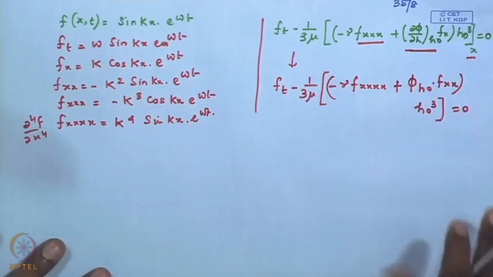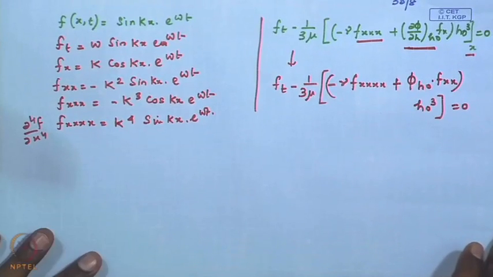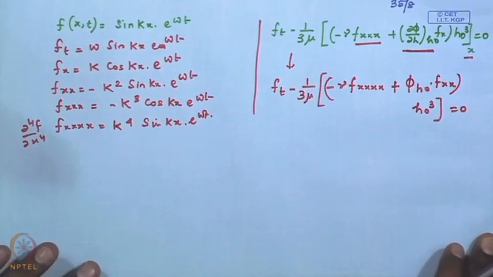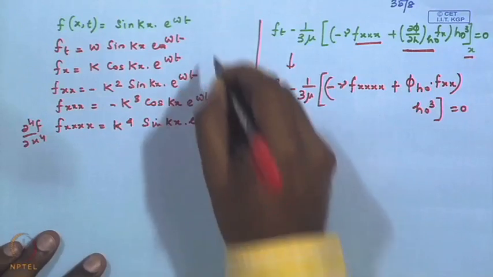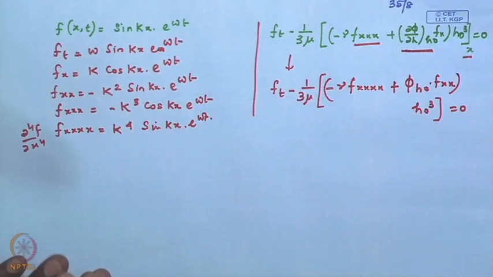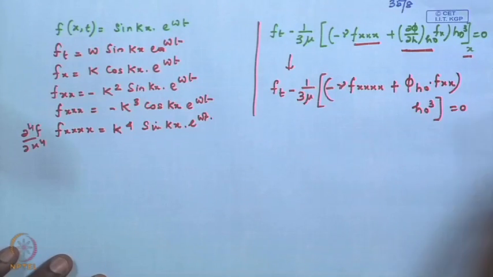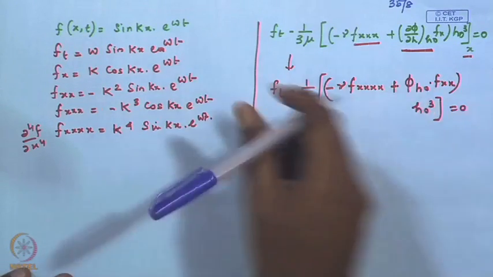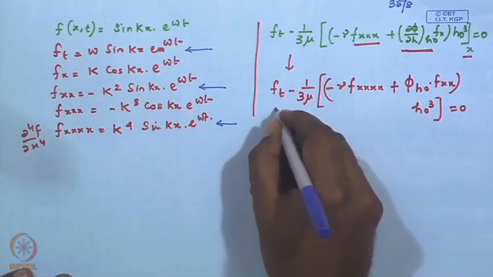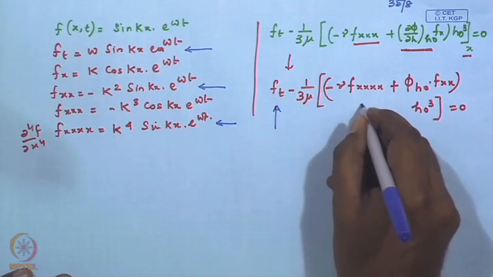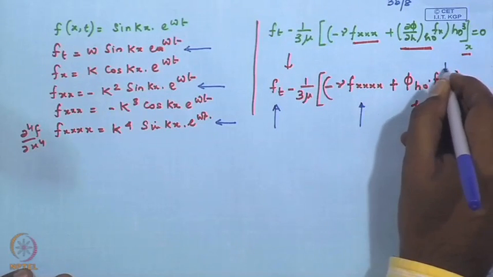It is no longer a function of x, because you have evaluated that at h equal to h 0. So, out of this expression you will essentially be needing these three terms, which eventually you will substitute here, here and here.